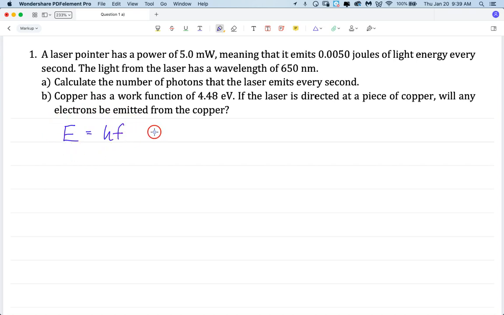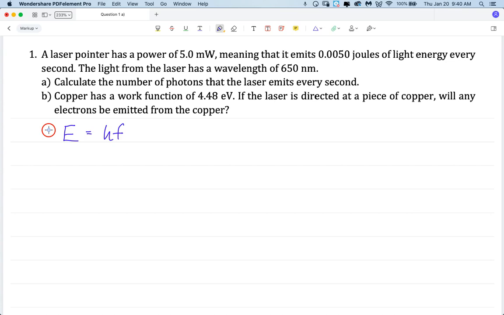Now, in this problem, we aren't given the frequency exactly, but we are given the wavelength. If you're given the wavelength, you can determine the frequency of the photons. Once you find the frequency, you can multiply it by Planck's constant h to find the energy of each of these little packets.